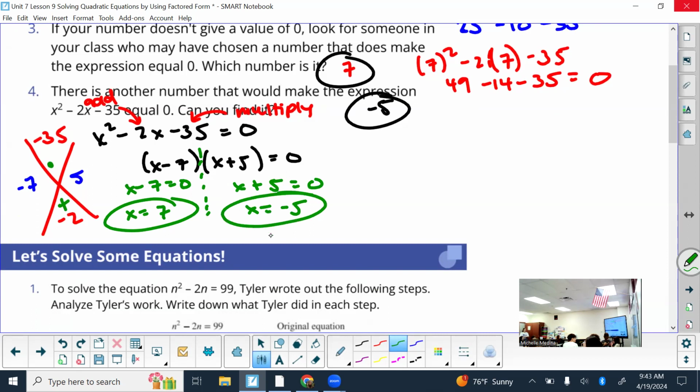That is why these are the solutions. Although when we were doing the factoring, that was just to get to this step. Our solutions are what we have to find when we're solving for 0.